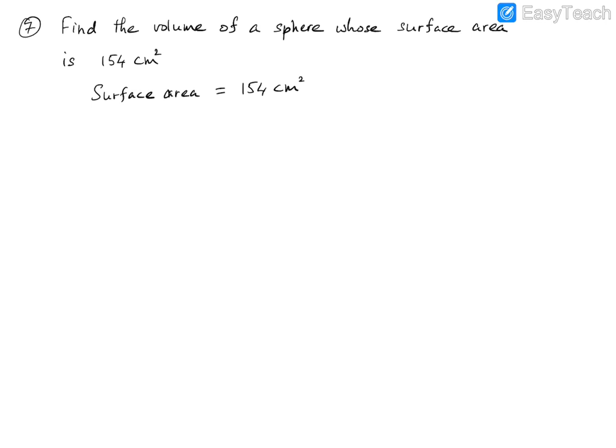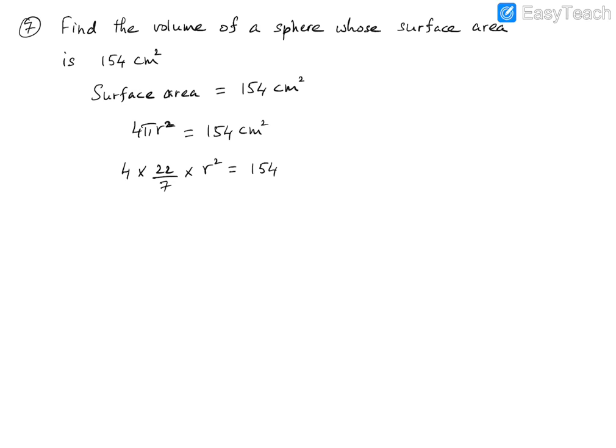The formula for the surface area of a sphere is 4 pi r square. Then that equals 154 centimeters square. So from this we will be able to compute the value of r. So what will be r square now? Let me write down all the values here. 4 into pi, which is 22 upon 7, into r square is equal to 154 centimeters square.